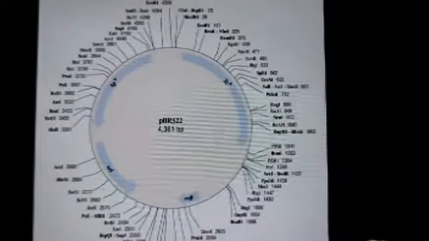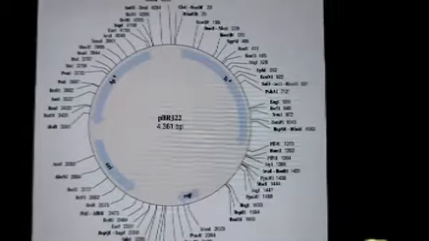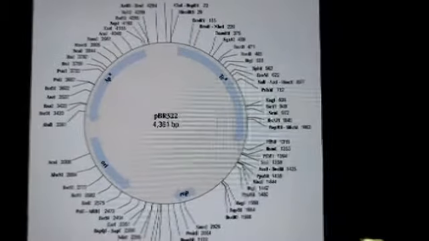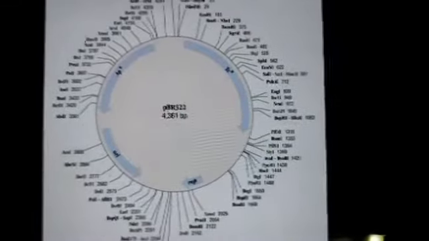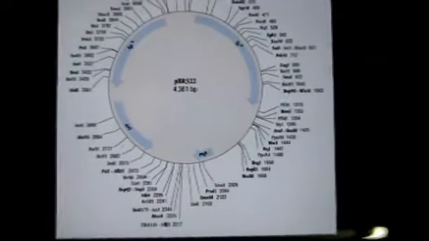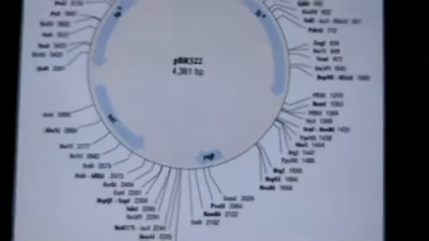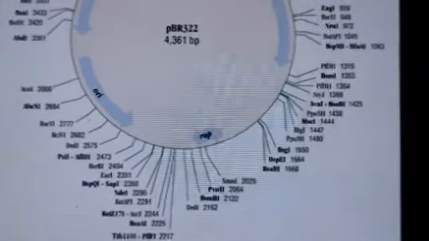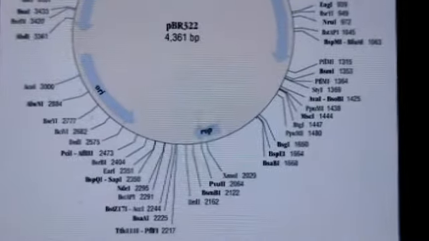Examples are AluI, BamHI, EcoRI, HindIII and others. So there are different type 2 restriction enzymes available.